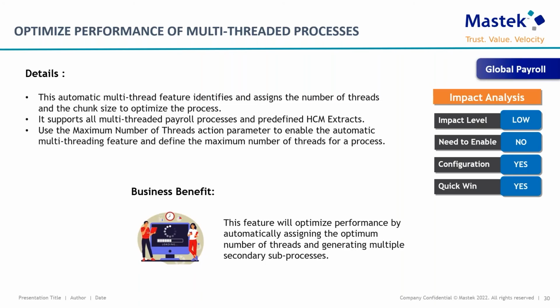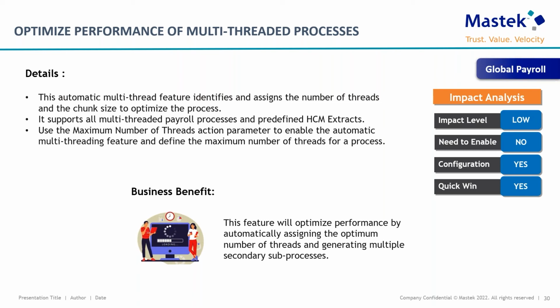Optimize performance of multi-threaded process. Now the system will automatically be able to identify how many threads are required for this payroll process or this HCM extract process to complete it in very limited time. The configuration is that we just need to set the parameter on the payroll process configuration page.